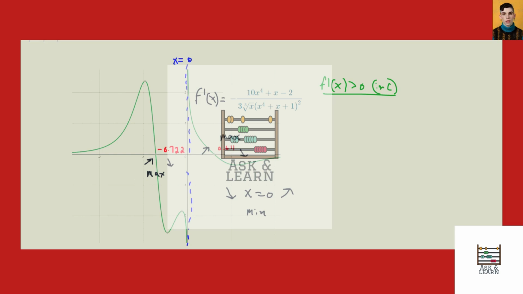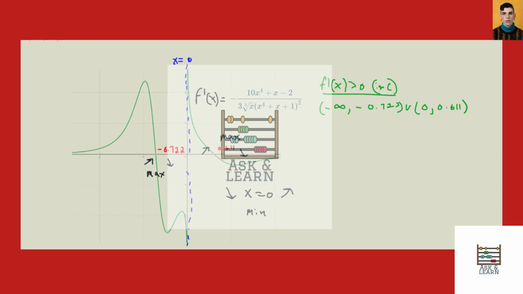All right. Now that we know what values for x are maxes and mins, let's go ahead and write down these intervals. So f prime of x is greater than 0, so it looks like starting from -infinity all the way up to our first x-intercept, so -0.722. And then it becomes positive again after 0, and then it'll stay positive until about 0.611.